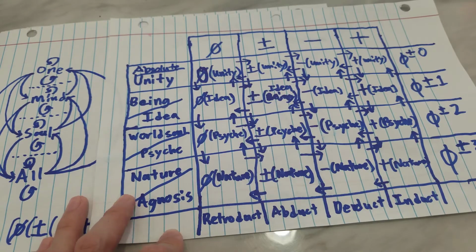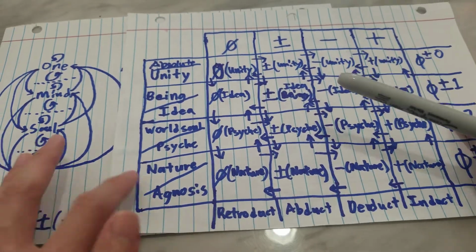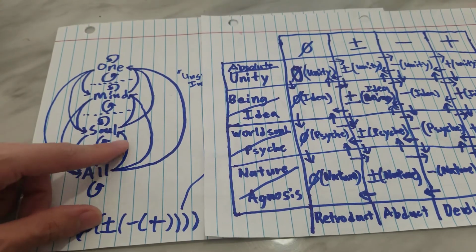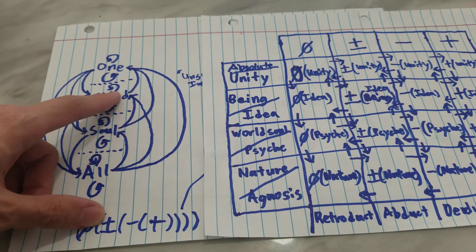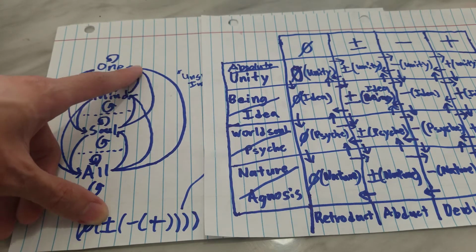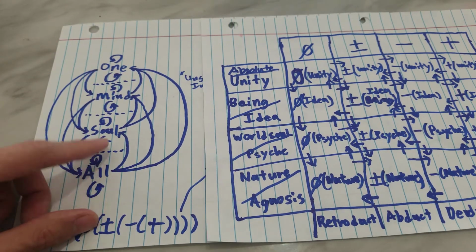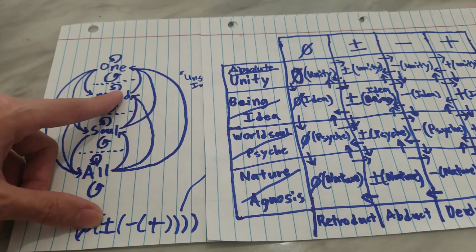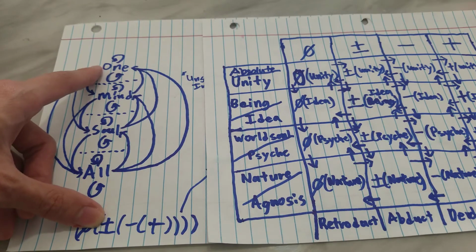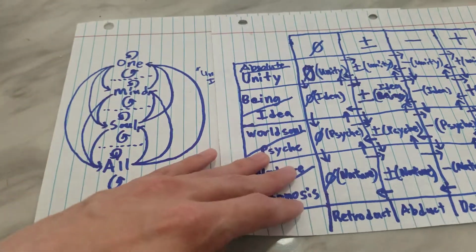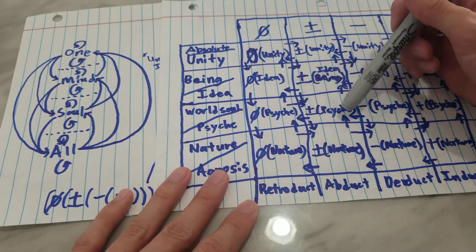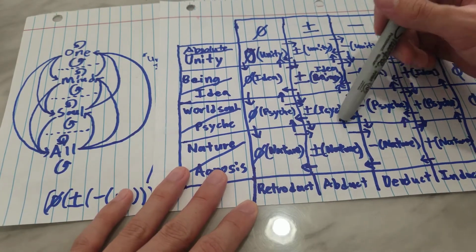And so back to this, this goes upwards to soul, upwards to the soul, mind, and upwards to one. So from here to here, here to here, here to here, the ascent is closer to here.